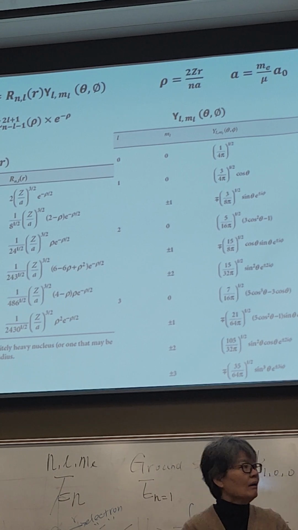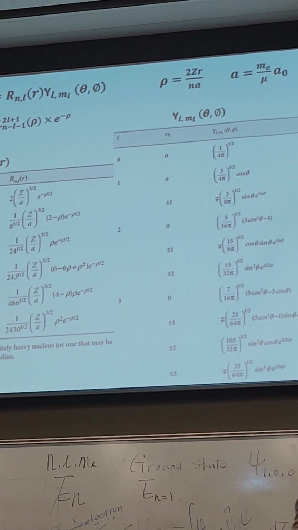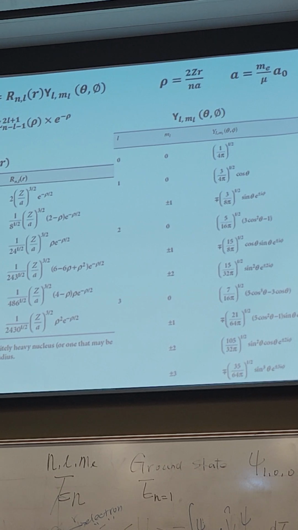So let's say I have the same question. I want to calculate the average radius with the quantum state of what? 211. What do you guys think? How is that different? Or the same?